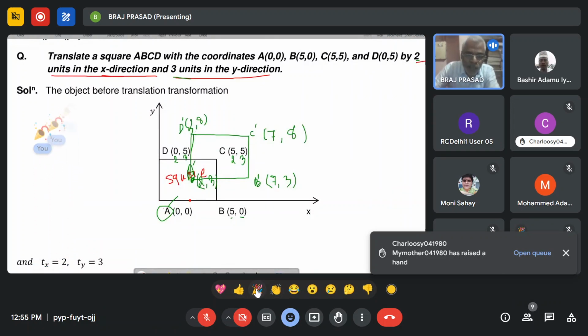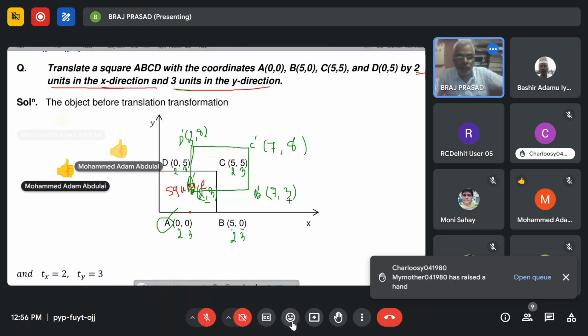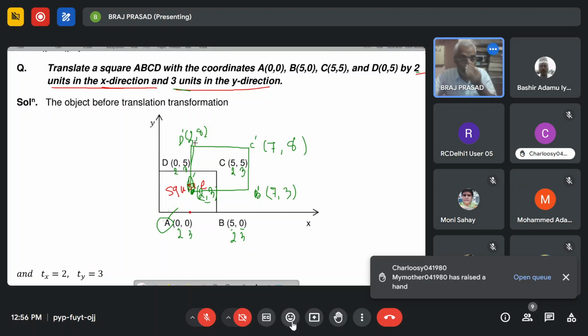So we get the new coordinate of A dash. If we add 2 and 3 to 0 0, we get 2 3, and if we add 2 and 3 to 5 0, we get 7 3. So we calculate the points A dash, B dash, C dash, D dash manually. We manually add all these things. We can calculate the new coordinates of this shifted or translated ABCD.